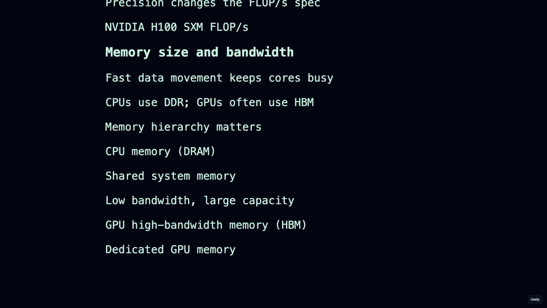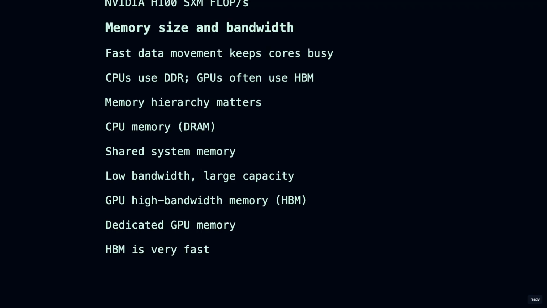That makes it the main working memory for large models. HBM offers far higher bandwidth than system memory, which is exactly what high-throughput AI workloads need. The trade-off is that capacity is still limited compared with host memory.